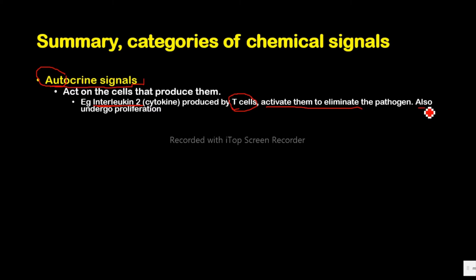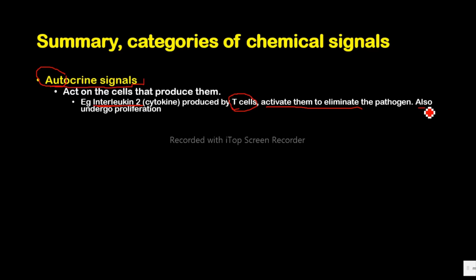Proliferation means undergoing very many divisions, repetitive mitotic divisions, to produce very many similar cells. Why are you producing very many cells? Because you want to respond to a pathogen, a foreign body.